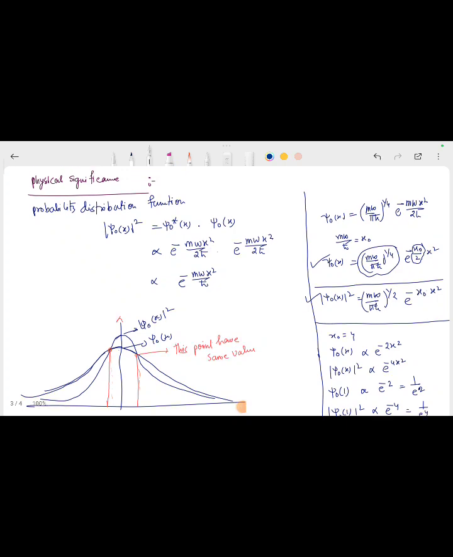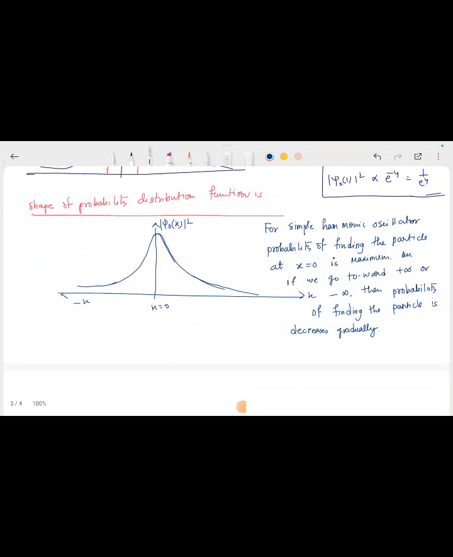Okay, next we go to the first excited state wave functions. First excited state wave functions. Okay, right?